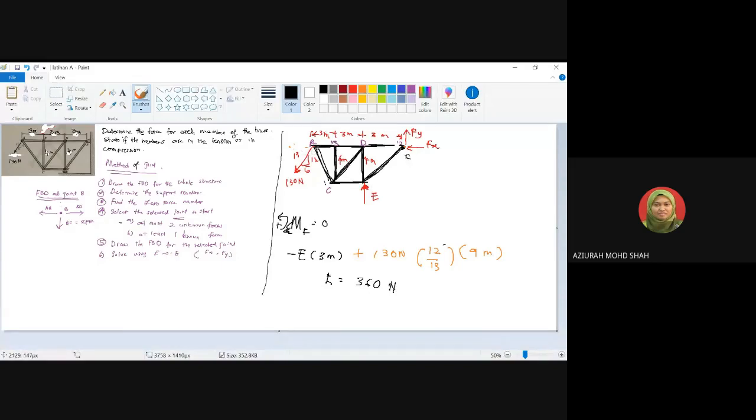Boleh guna moment dekat A. Kalau you rajin nak guna moment dekat A boleh dapat FY. Okay, tapi kalau tak payah susah-susah lah, you can use that for double checking. Ataupun you boleh guna FY sama dengan kosong lah. Summation of FY equal to 0.